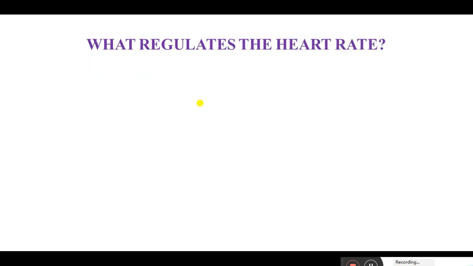Of course, a very important question here: what regulates the heart rate? A very important point: the nervous system is responsible for the regulation of the number of times the sinoatrial node depolarizes to generate heart contraction.